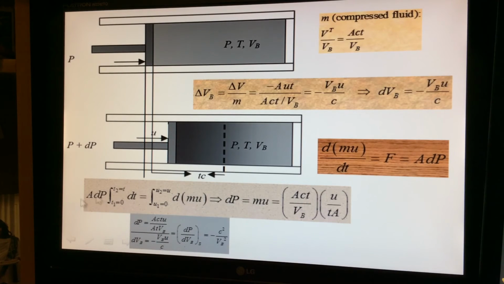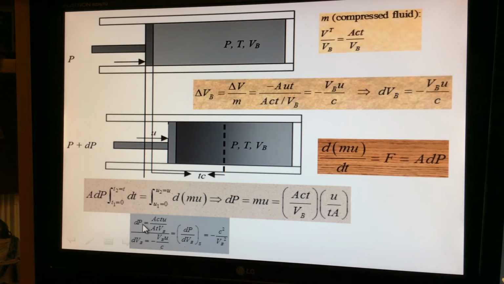And then over here we have the differential specific volume change. Over here we have the differential pressure change. And so we are going to take the ratio of dp with respect to dVb.